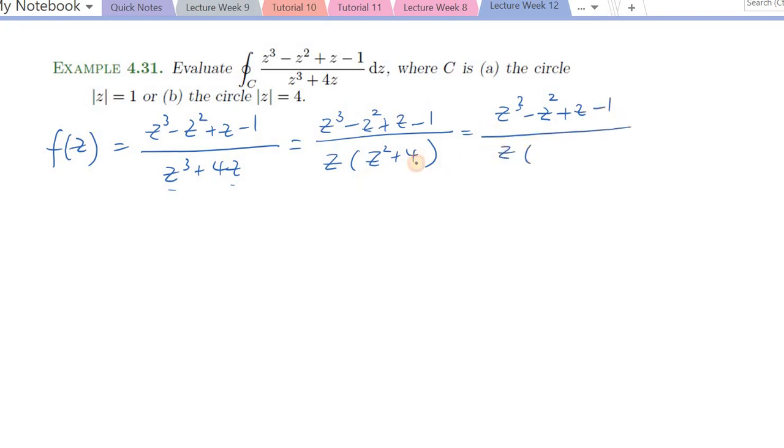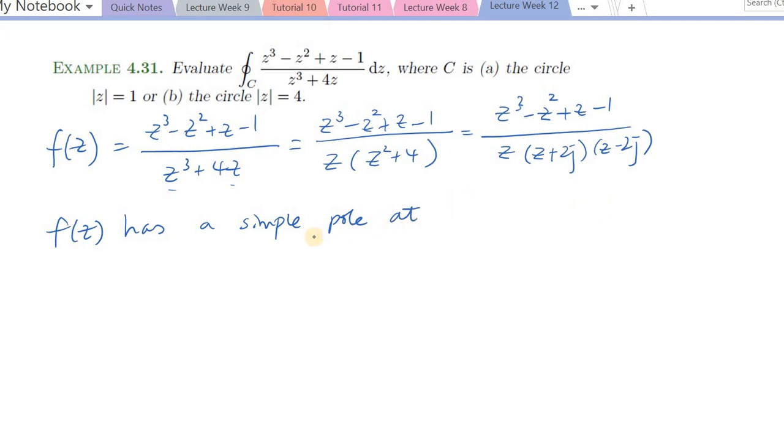So z squared plus 4, you factorize it, you get (z + 2j)(z - 2j). So now we know that f(z) has simple poles. So we have multiple singularities here.